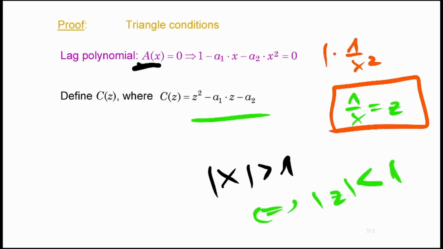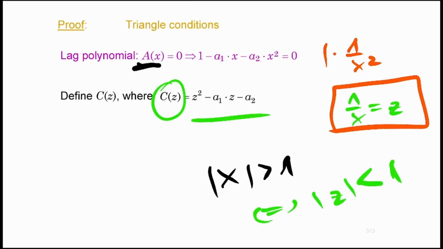So the roots of this polynomial must be inside the unit circle. That's a little bit more restrictive, and it's easier to deal with when it comes to calculation. So that has just practical reasons.